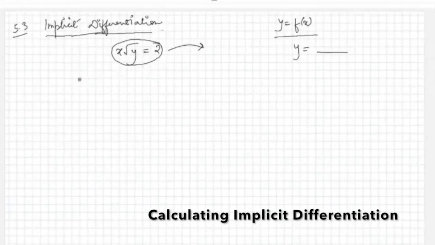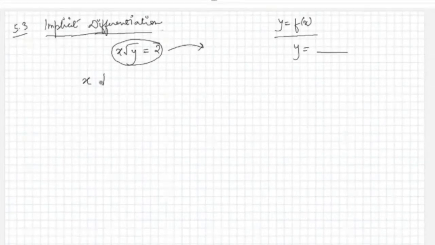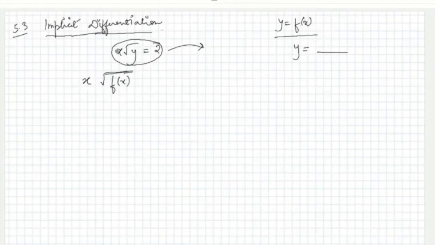So what I'll do is I will just replace y with f of x, because I am saying that y is implicitly a function of x, and then I will just apply the chain rule on both. I'll take the derivative both sides and I'll apply the chain rule on the left side, which will give me what?